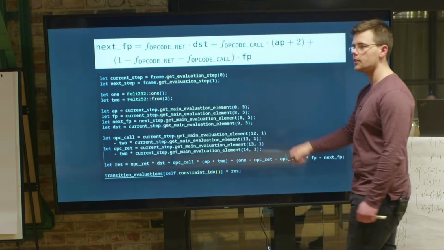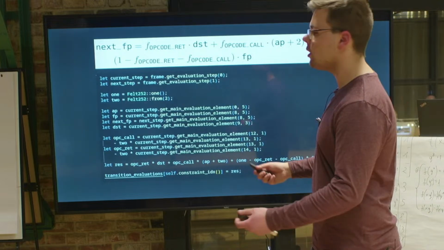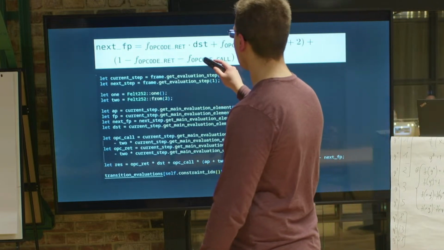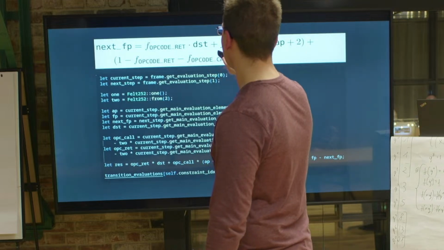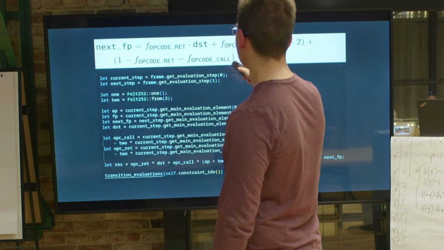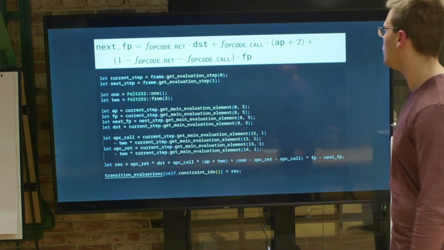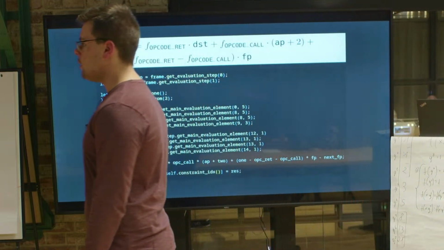So the next FP is not going to be changed, it's going to be the old value. So we either have the next FP equal to FP when no flags, or DST when the opcode read is put up, or AP plus 2 for opcode call. DST is a pre-calculated value, and what could AP be?